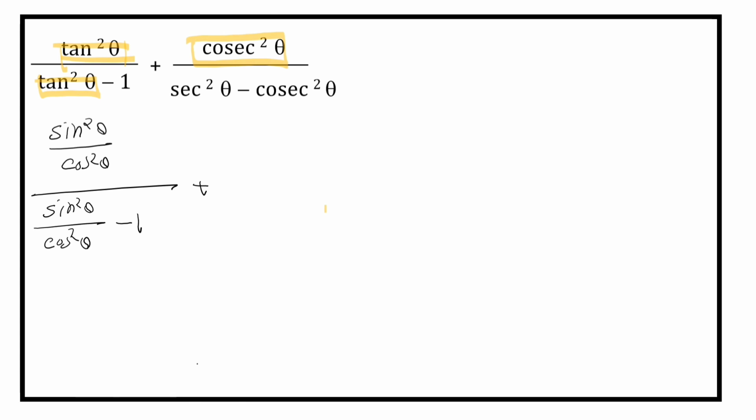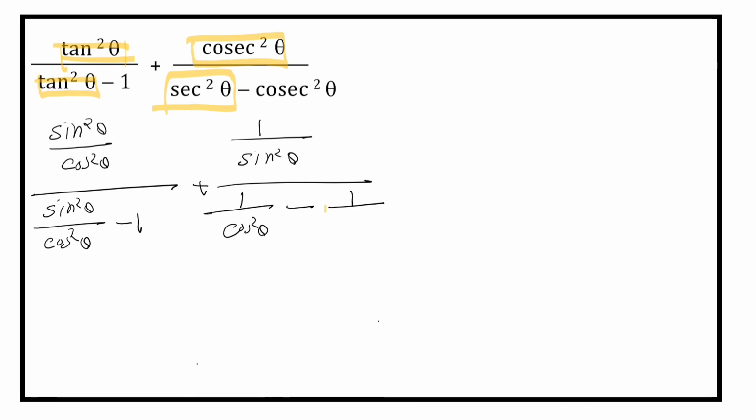Cosecant square theta is 1 by sin square theta upon what is secant square theta? 1 by cos square theta. Secant square theta is equal to 1 by cos square theta minus what is cosecant square theta? We have already written it, 1 by sin square theta.